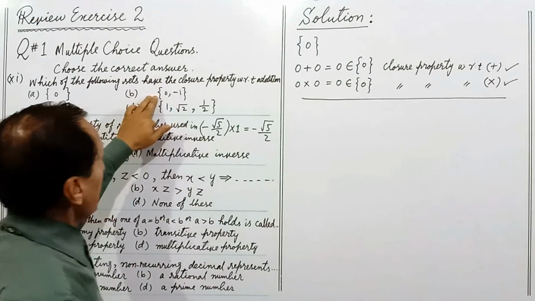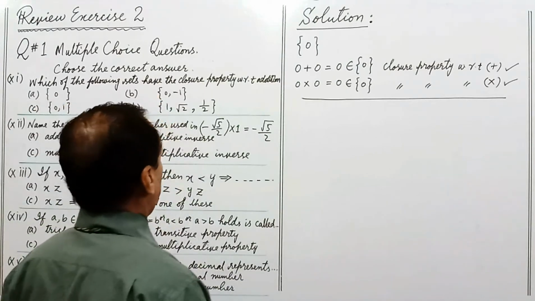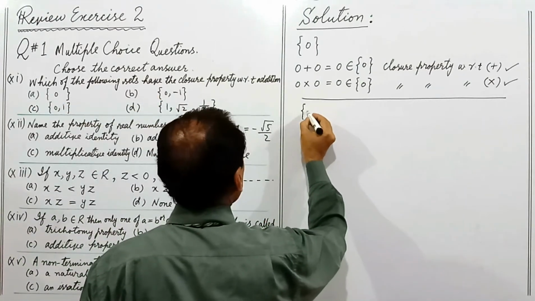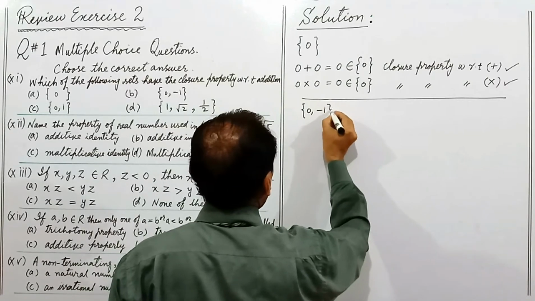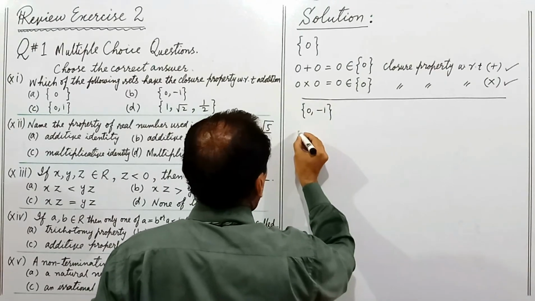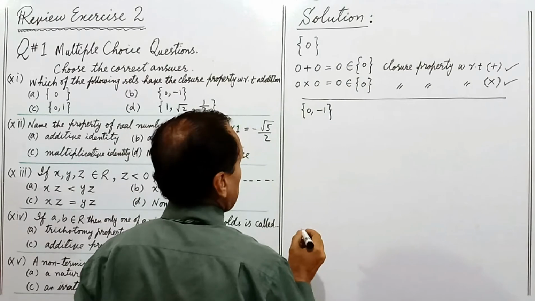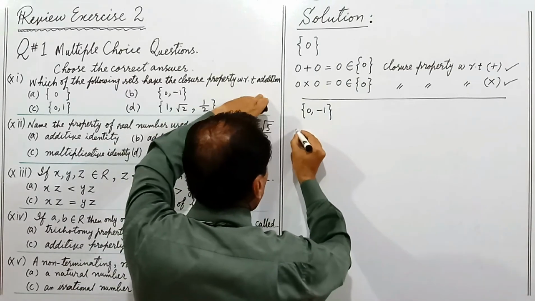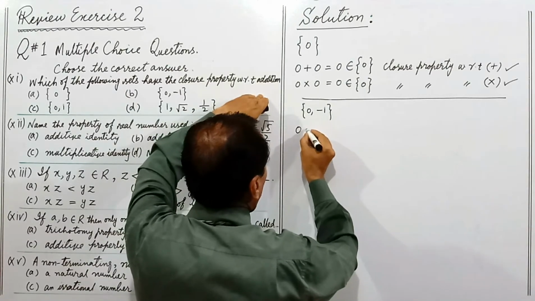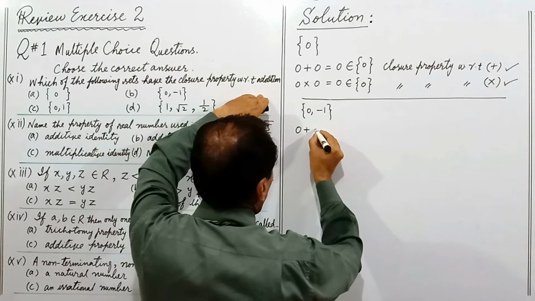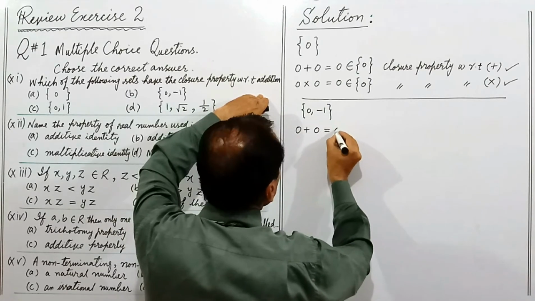Let's take the second option, B, in which we are given 0, minus 1. We check its closure property with respect to addition. How? First of all, we add 0 to 0 and we get 0.